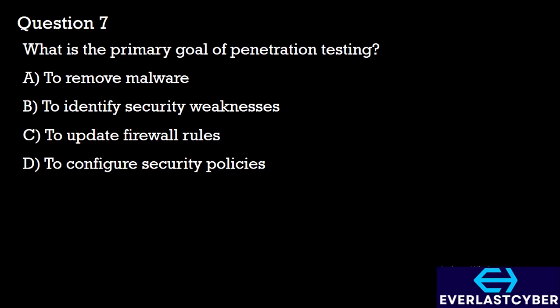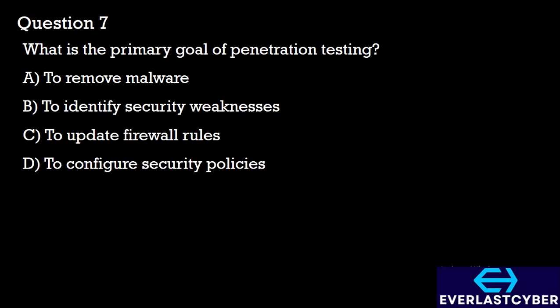Penetration testing is the ethical hacking process that is used to identify security vulnerabilities in systems, applications, or networks before attackers can exploit them. It usually simulates real-world attacks in order to improve cybersecurity defenses. In option C, firewall rules can be adjusted based on the penetration test results, but updating them is not the primary goal of penetration testing.